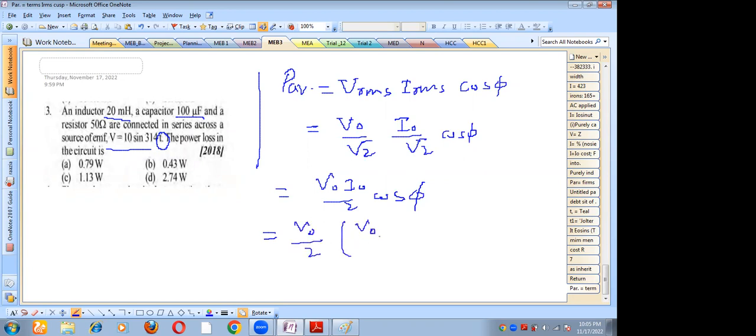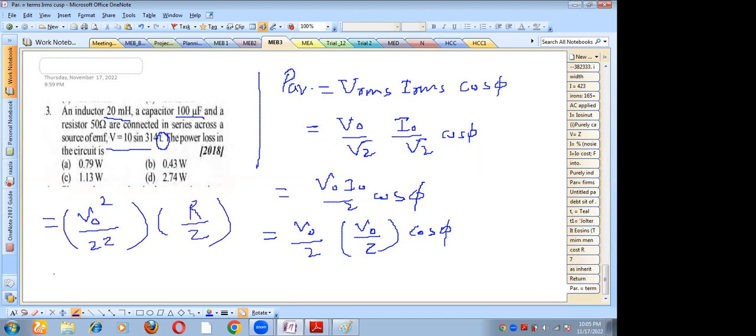I naught we know is V naught by Z, cos phi. We will get V naught square by 2Z. What is cos phi? Cos phi we know is R by Z. So V naught square by 2, R by Z square.